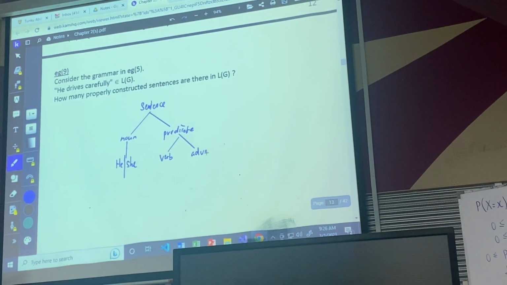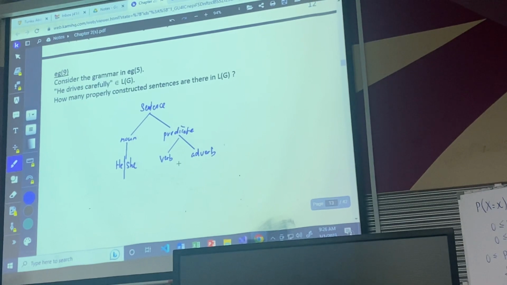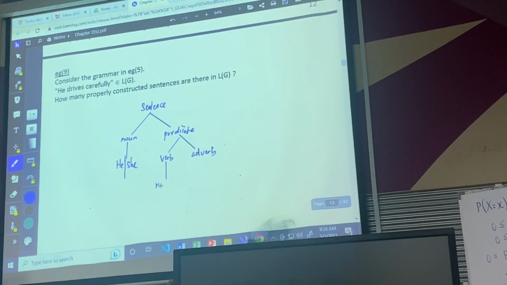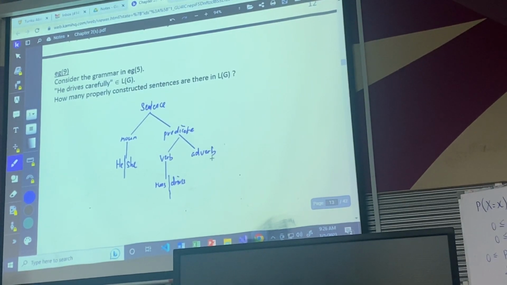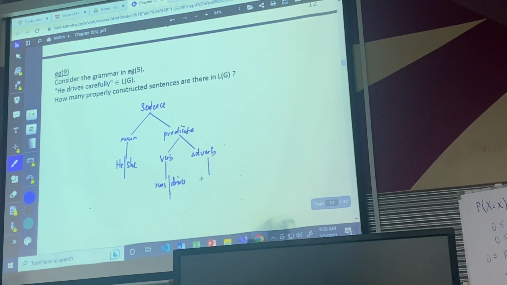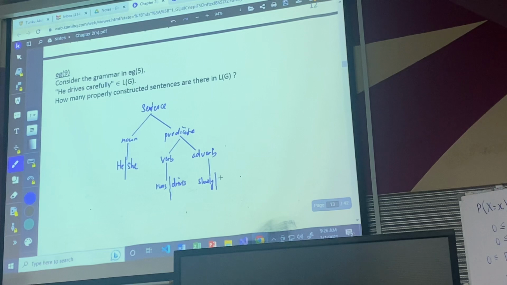Verb can have run or drive. Any more? And then adverb can have slowly, carefully, frequently.